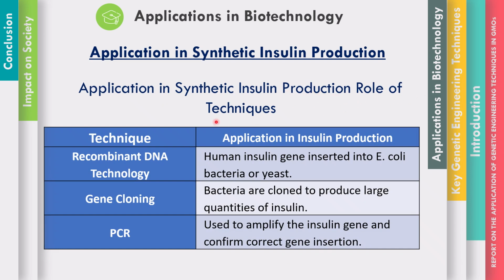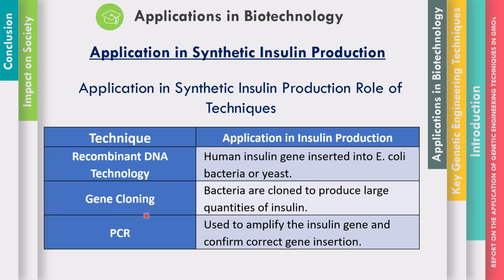The roles of the techniques: we have the techniques and their application in insulin production. We have recombinant DNA technique. The human insulin gene is inserted into E. coli bacteria or yeast.